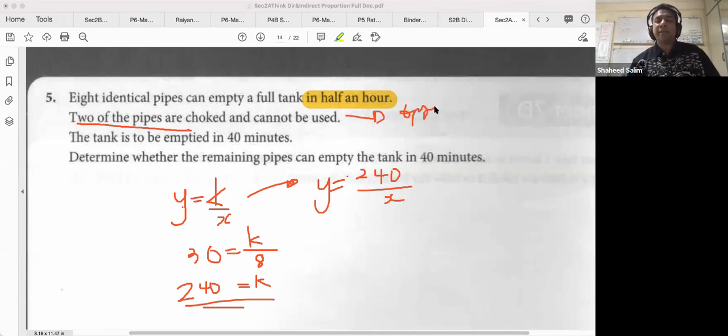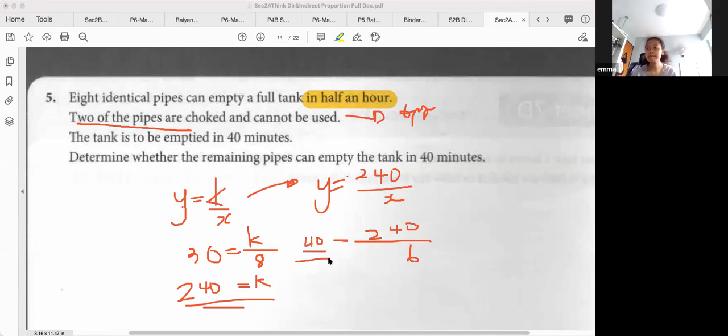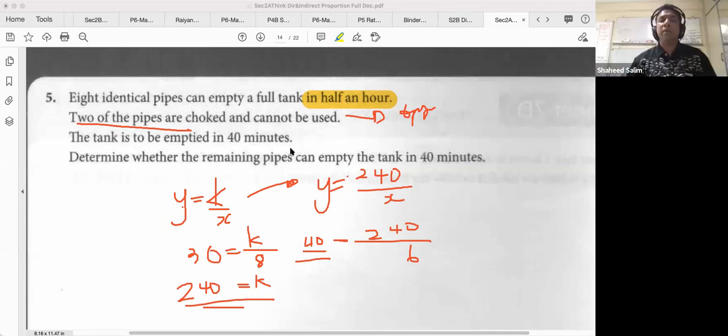And they ask, what's the speed? So if we do 240 divided by 6, you get Y, which is 40, right? Your answer is 40 minutes. So you got it right?